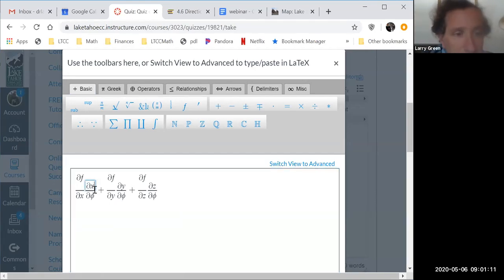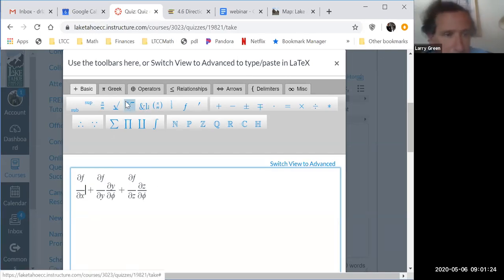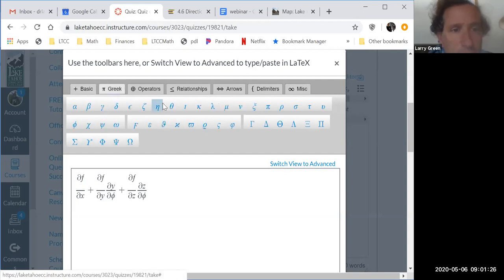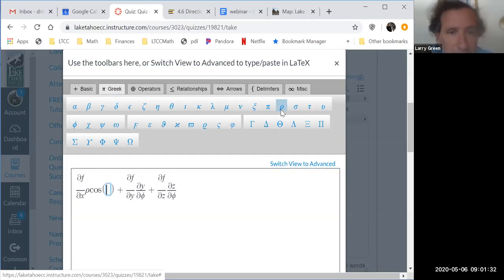Del x del phi: x is rho cosine theta sine phi, and the derivative of sine phi is cosine phi, so I just get rho cosine theta cosine phi.